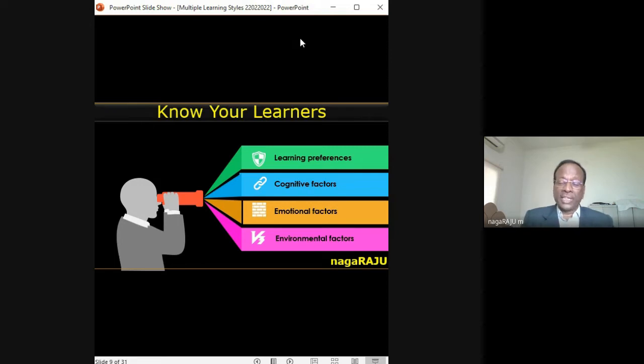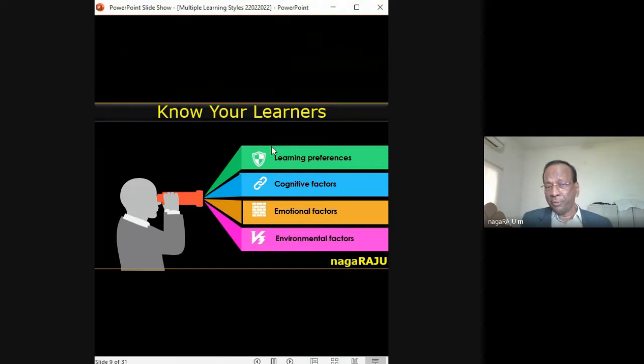Where are you putting yourselves and where are you putting your students? What's the kind of bond that you've built with them? For instance, are you friendly with them? Are you like a mother or father to them in the class? So what kind of emotional bond you build is also something you need to learn from their emotional setup. And finally, the environmental factors.